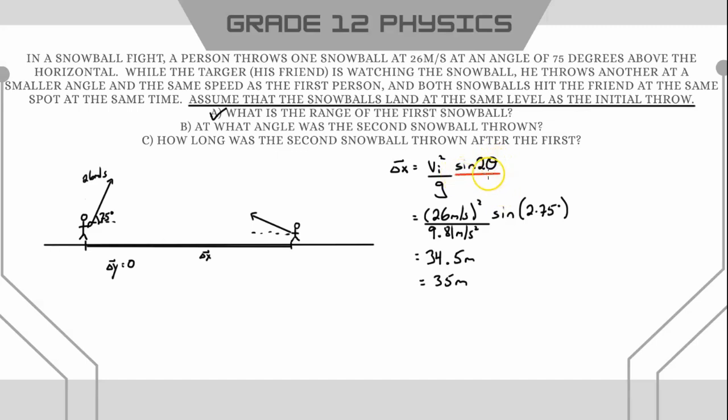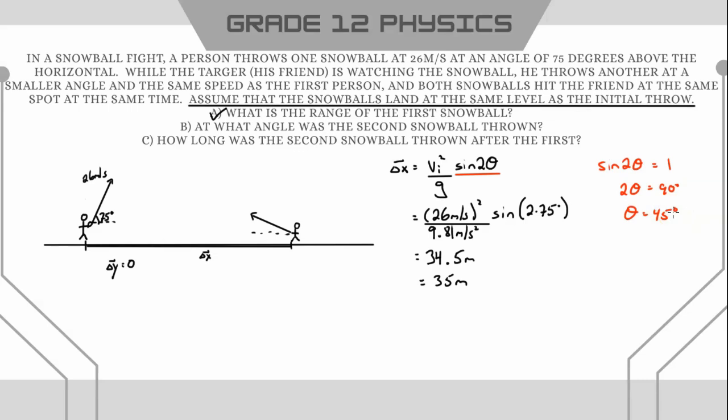So what this tells you is that if you want to maximize range, sine of 2 theta should equal 1, right, for maximum range. So sine of anything is equal to 1 when we have 90 degrees. So that means 2 theta equals 90 degrees, or theta equals 45 degrees.